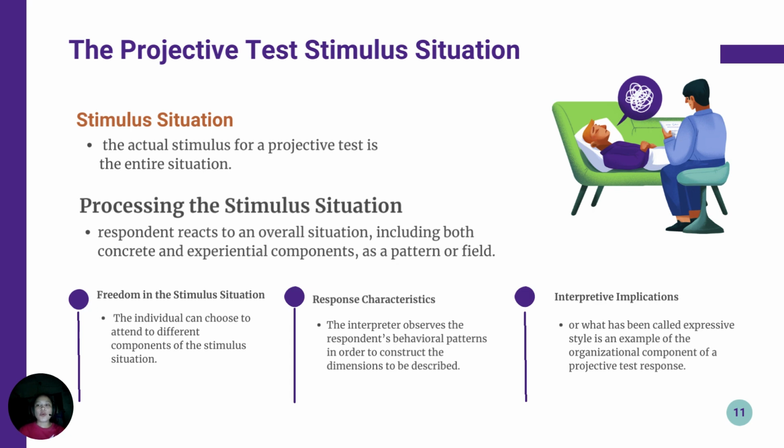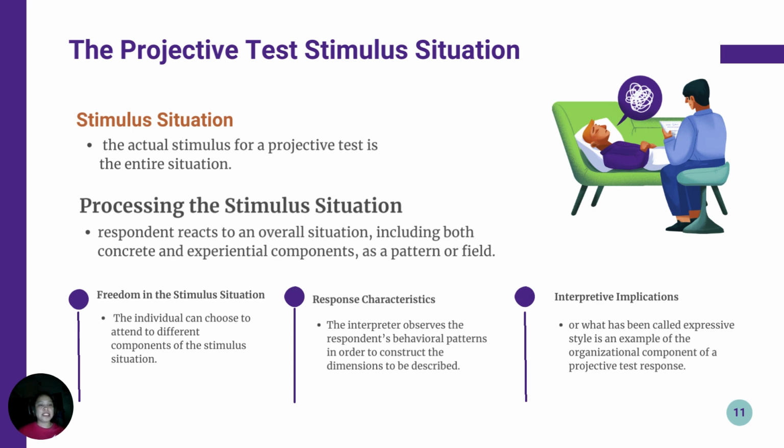The respondent organizes that field into figure and ground, responding more distinctly to the figural components of the stimulus situation. This figure-ground patterning exists not only within the processing of the concrete projective test stimulus, but also within the entire stimulus situation.